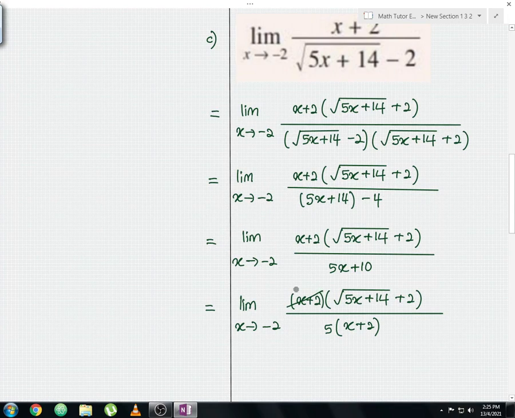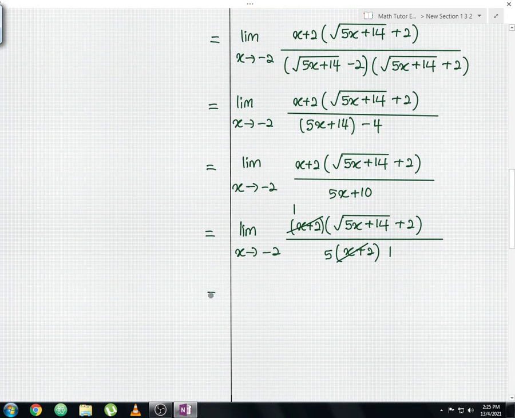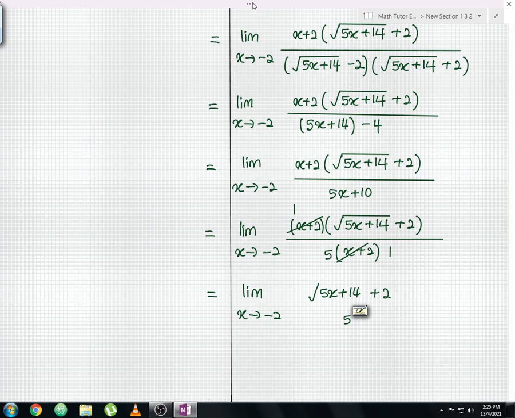You simplify this, you get 1, and you simplify this, you get 1. So now you are only left with limit x approaches negative 2, and the numerator you get square root 5x plus 14 plus 2, and then you divide by 5.